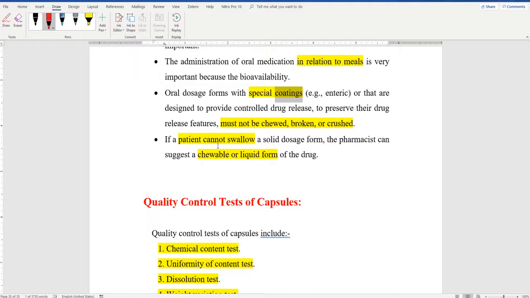In some cases, as can happen in hospitals, and you will actually have maybe a couple of labs about that, you can convert the formulation that is inside the capsules to a liquid form. Okay, this can happen in the hospital. So you will open the capsules, take out the formulation and make it as a liquid dosage form, provided that there is no special coating.